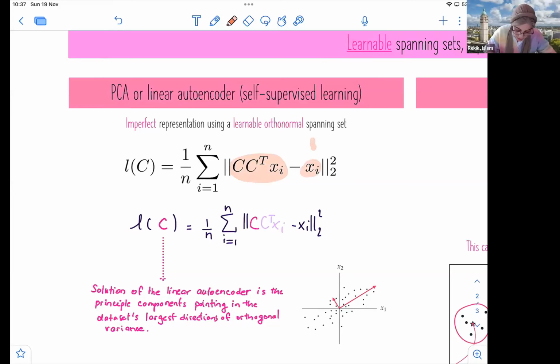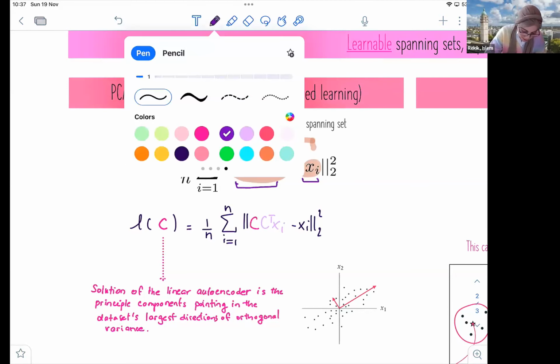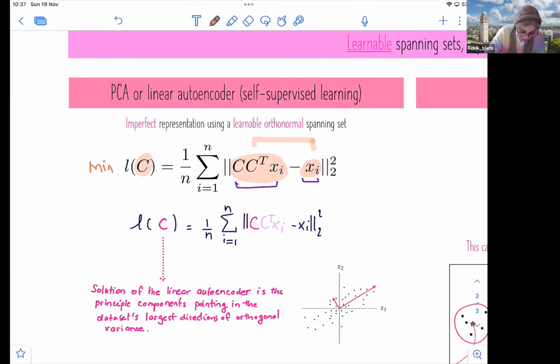The goal is to minimize the distance between the decoded sample and the ground truth one. That's why we have a loss function that minimizes over the set C. So now we have formalized this as a minimization problem, which means we are trying to learn the set C. We're minimizing over C, and this is the variable of the loss.